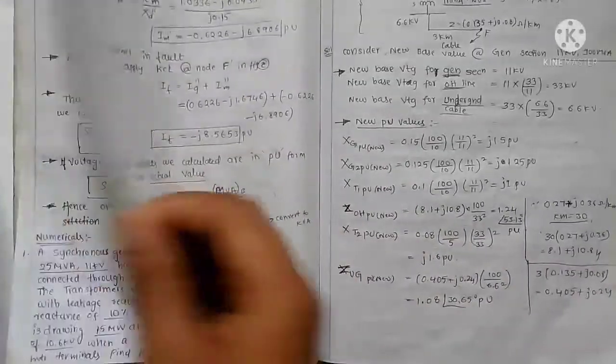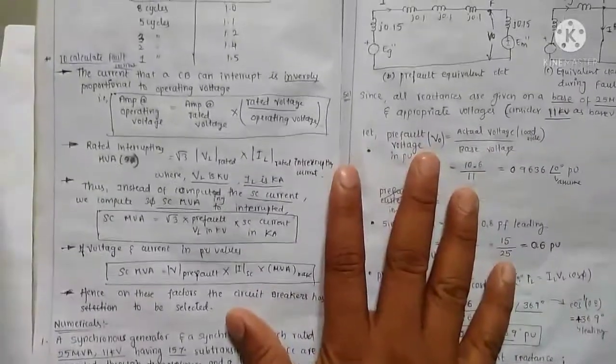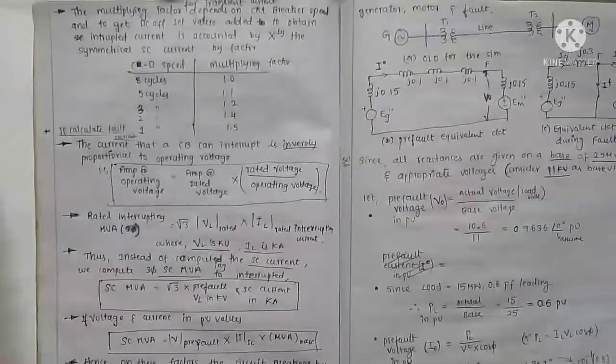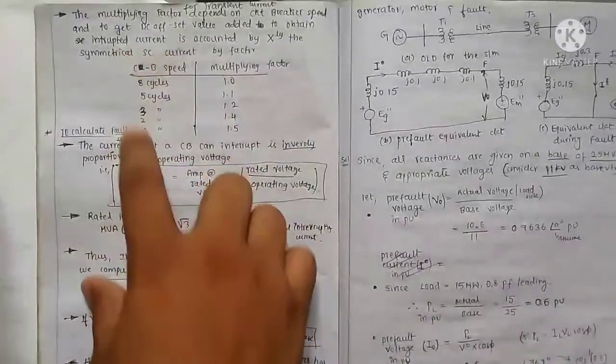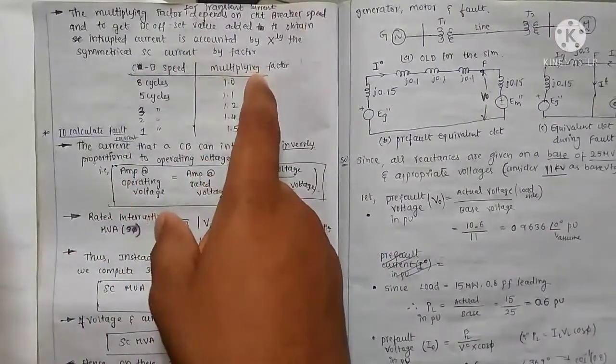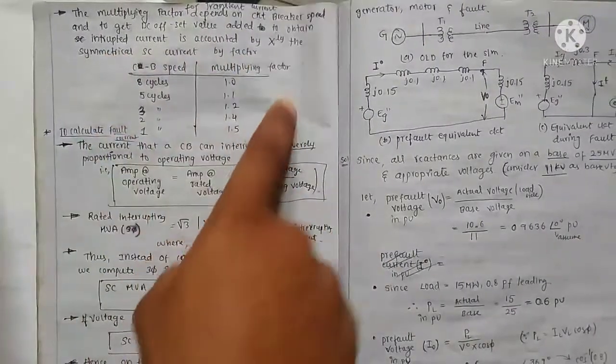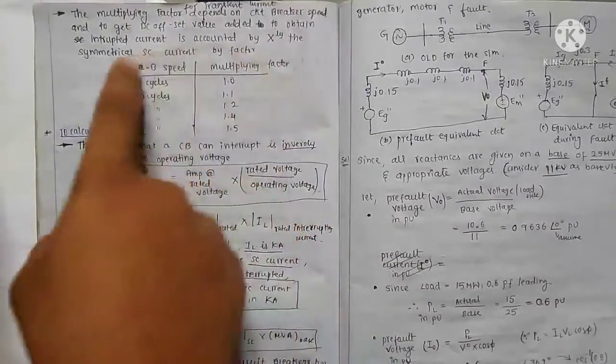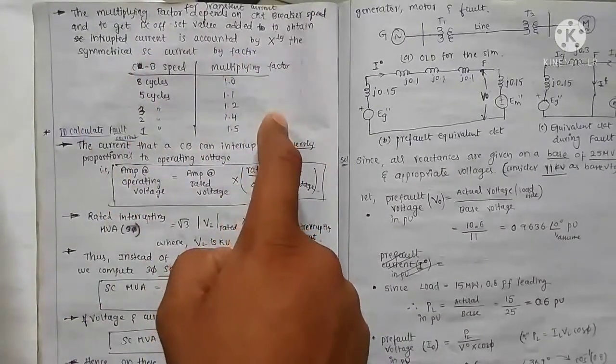For subtransient we multiply by 1.6. For transient it depends on the cycles of the circuit breaker, the speed of the circuit breaker, and the multiplying factor changes. You need to keep this table in mind. This table you have to remember. It will help in the numerical problems.